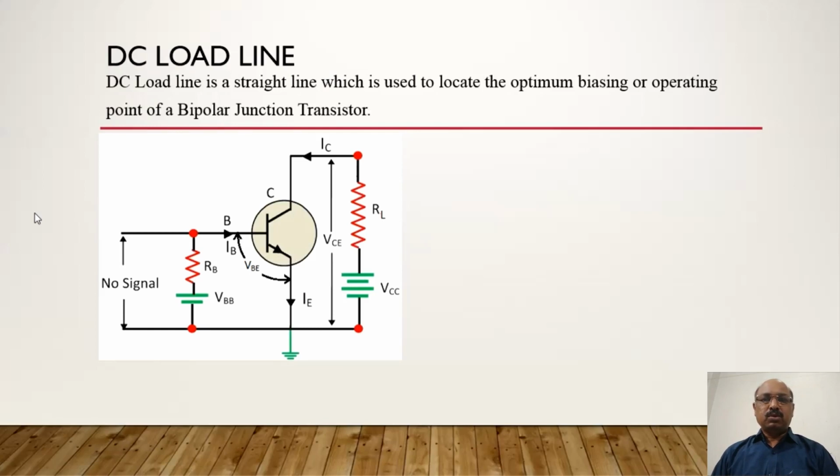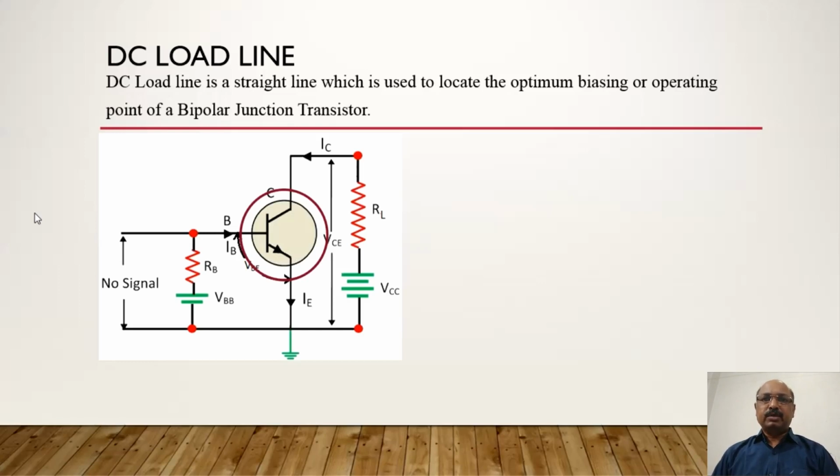Now look at this circuit. This is a common emitter amplifier circuit with an NPN transistor, and this configuration is used for amplification because high current amplification is possible with it.